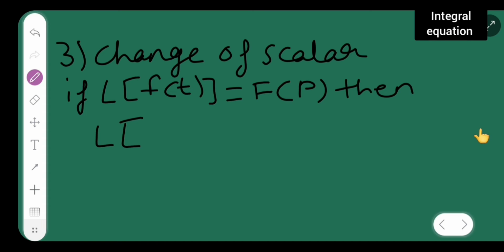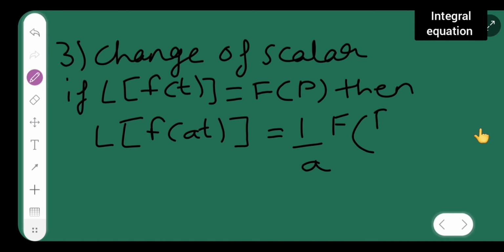Laplace of f of at is equal to 1 upon a into F of p by a. P upon a. Okay.